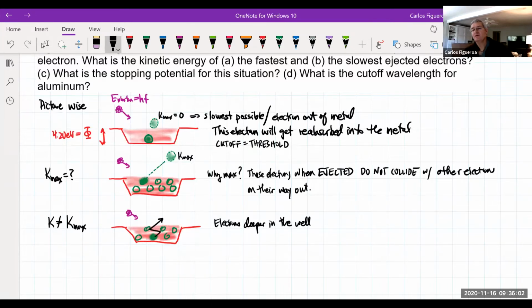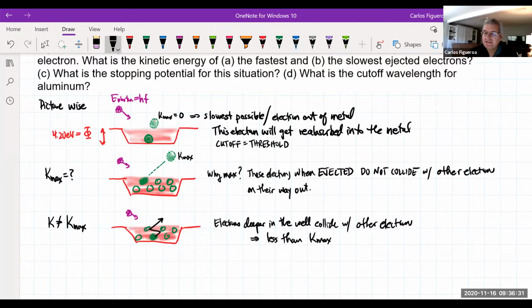Remember, when we say well, we're not talking about the inner electrons. We're talking about the surface electrons. The electrons deeper in the well collide with other electrons, and as a consequence, they have less than Kmax.